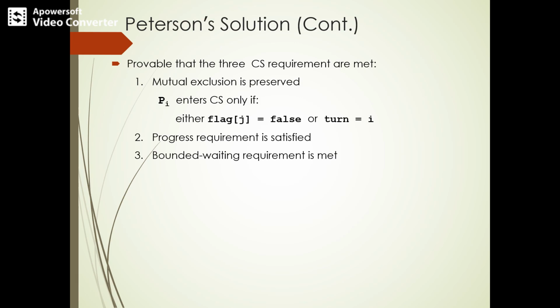Next, immediately we set the flag to false, which means that only one time is process Pi allowed to enter the critical section. Next, any other process can enter. So there is a limit set on each process that enters the critical section. In that way, the three critical section requirements are met. We have satisfied the critical section problem.